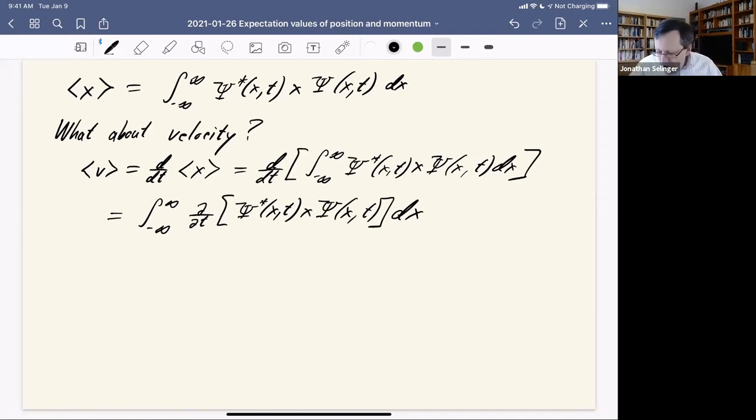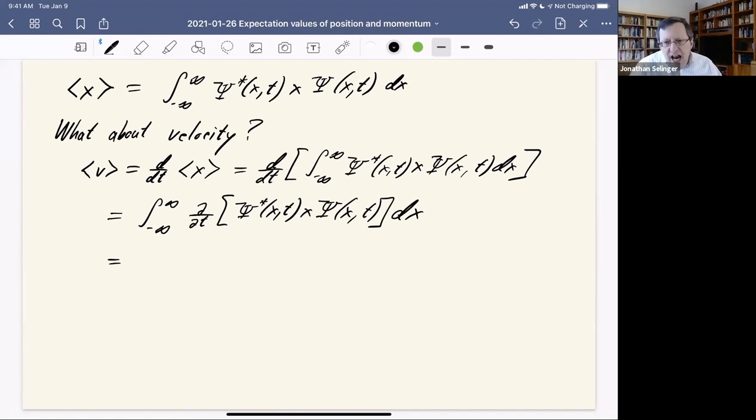It's the derivative of a product of three things. One of those things, x, doesn't have any explicit time dependence.